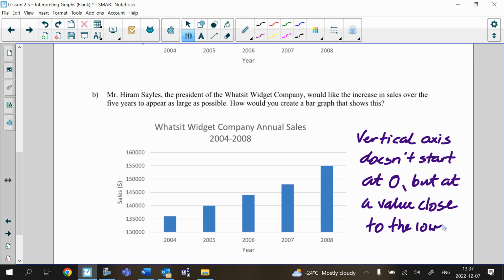And then it finishes by the same reasoning. The highest one is close to the highest data value as well. That will give us a more exaggerated increase or decrease, in this case, increase. So looking at this, somebody will say, wow, that's a pretty significant increase. But really, when we looked at the other one, we weren't saying that.